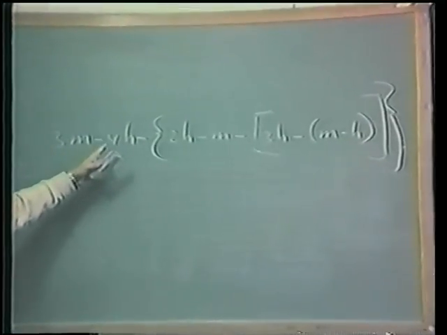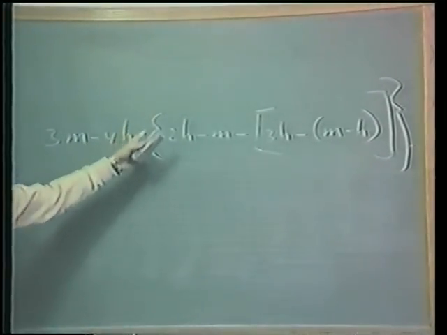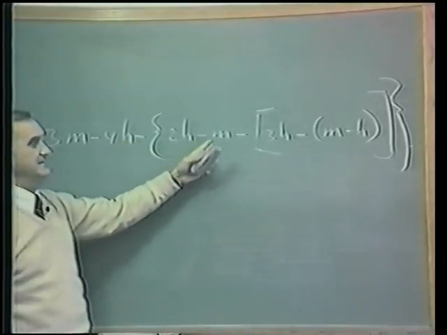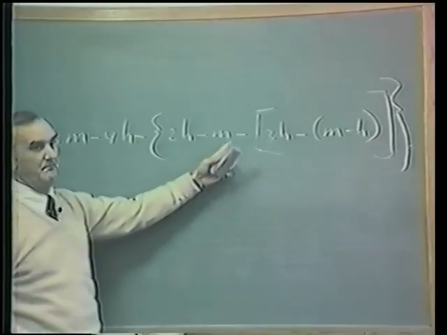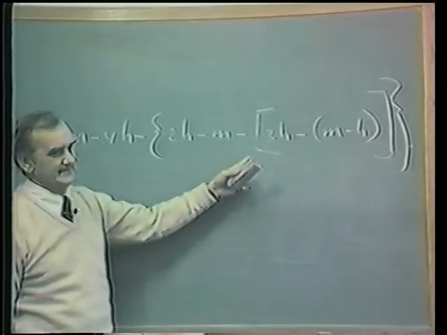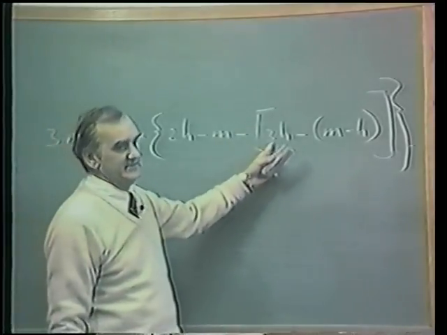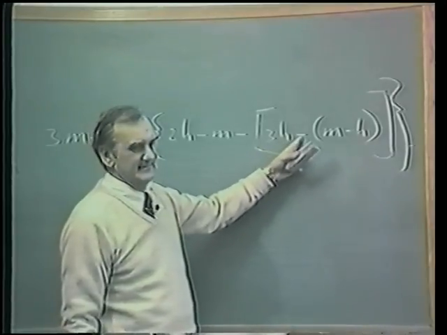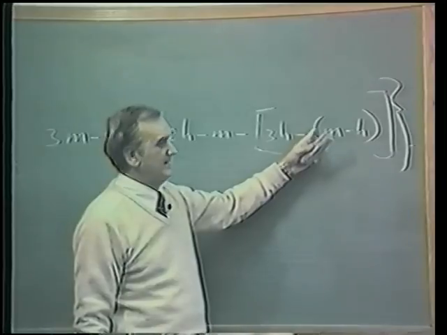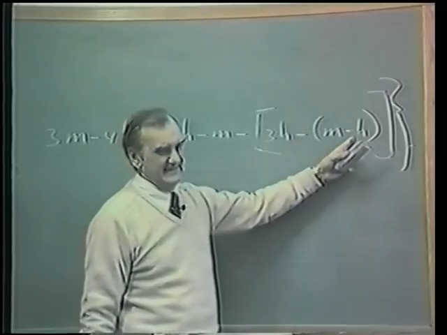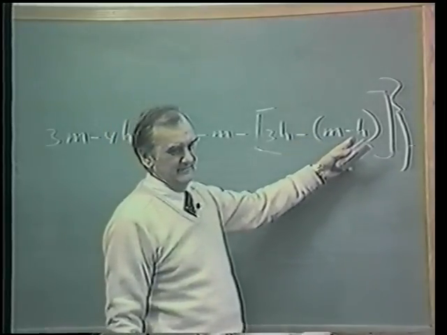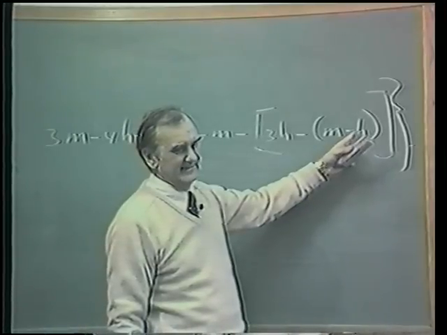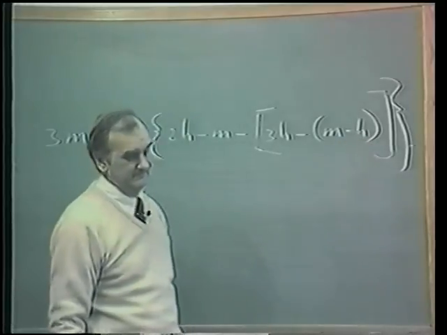We have 3m minus 4h minus, we have a curly brace. Then inside we have 2h minus m minus bracket. We have a 3h minus parenthesis m minus h. End of parenthesis, end of bracket, end of curly brace.